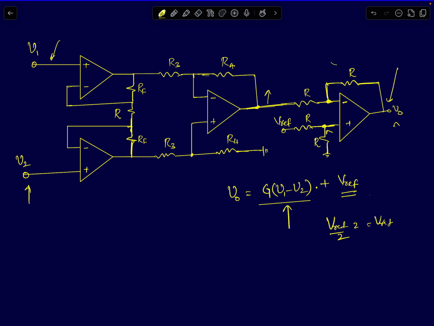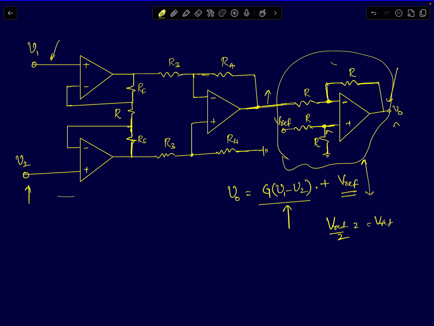Again, I can choose my Vref. I mean, the choice of Vref is in the hands of the designer. You can choose it so that the desired DC level is attained for your circuit applications. But now this is messy, right? You have to add an additional op amp based circuit to just add this DC level.